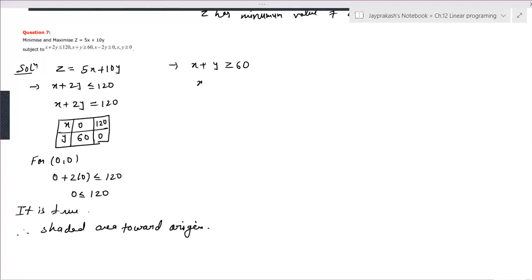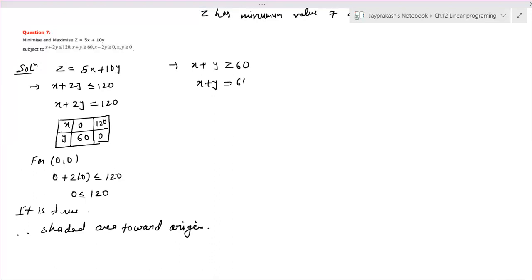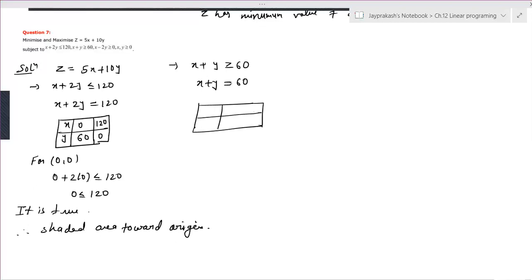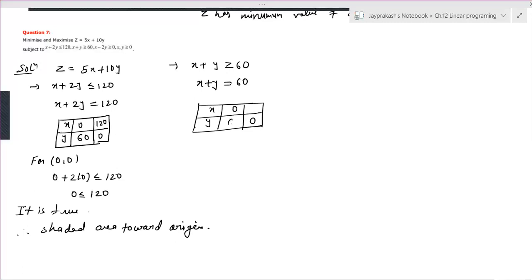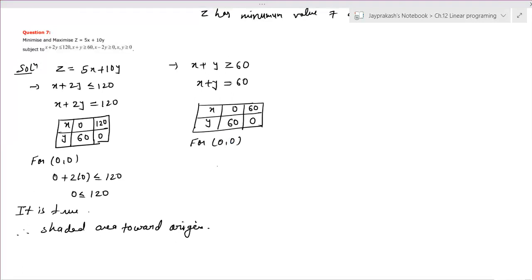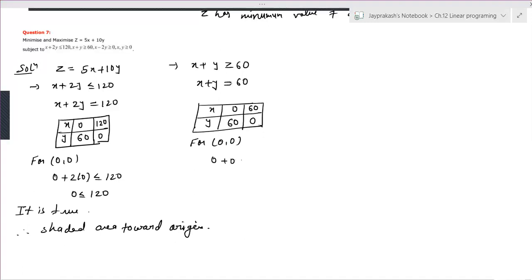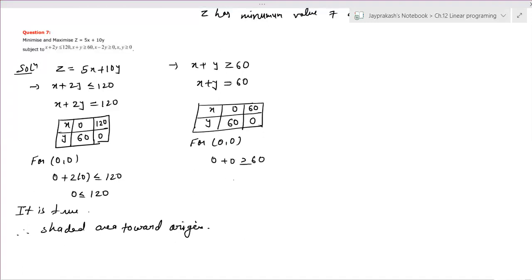When x is 0 and y is 0, so x plus y, it is not true.